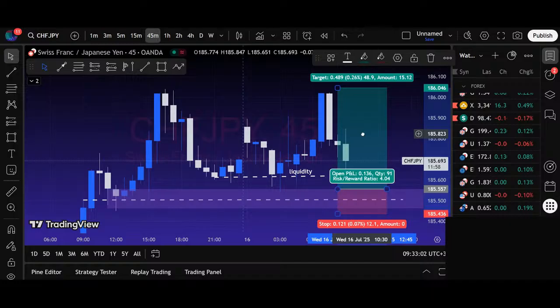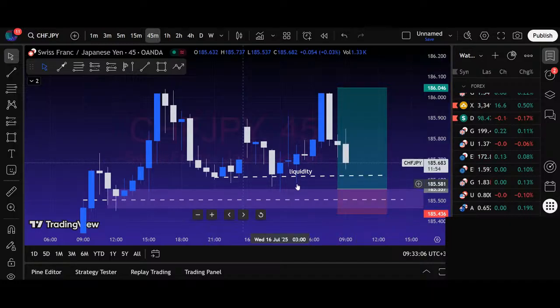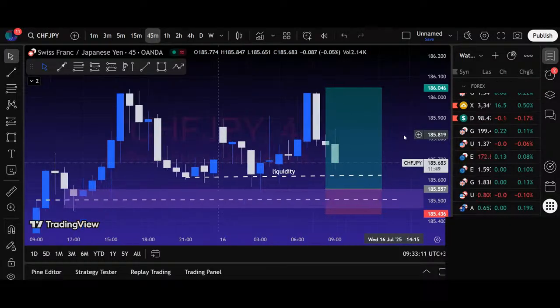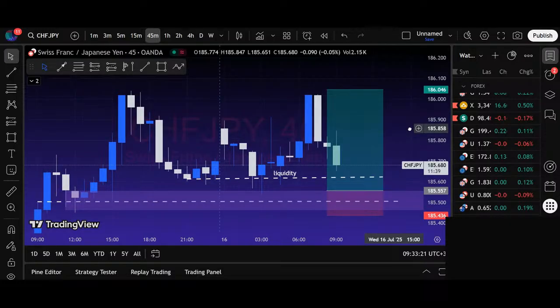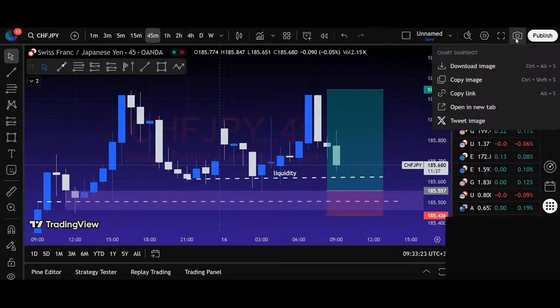So kindly take out this liquidity, though I know it has been a problem, so this pair can decide not to go there, but these are two entry points. You can use this one and this one. This is another place you can take buys from. So you take this photo. Definitely I'll share it with you.